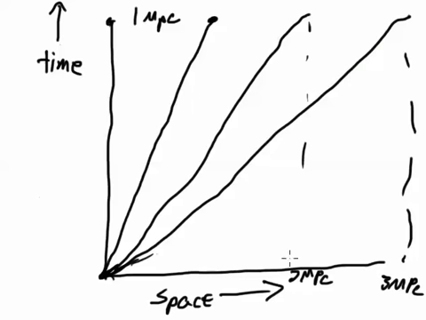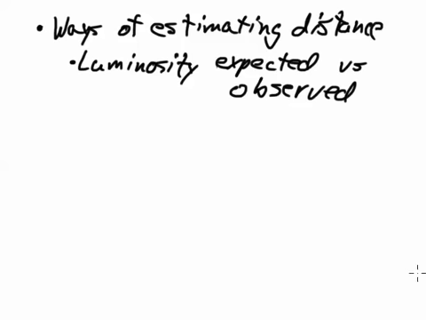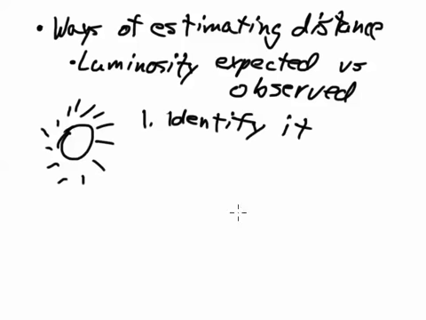Now we're going to have a little bit of a problem when we get to velocities that are approaching the speed of light. I could probably do a whole series of videos on how astronomers estimate the distance to galaxies. Most of them revolve around finding the luminosity, the expected versus the observed. Let's say you see a star or a galaxy, and you identify it.